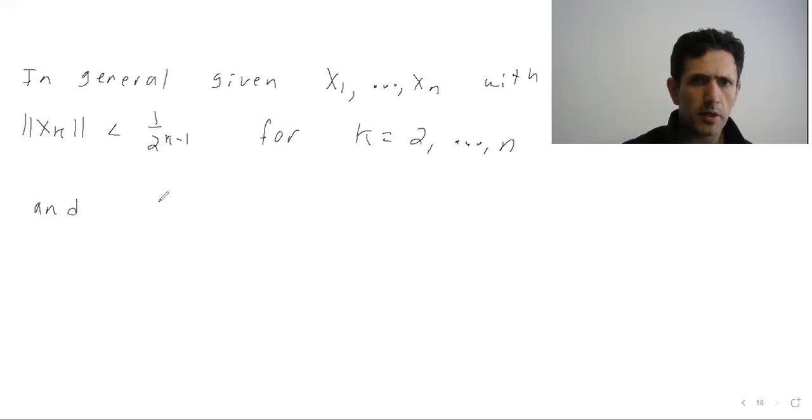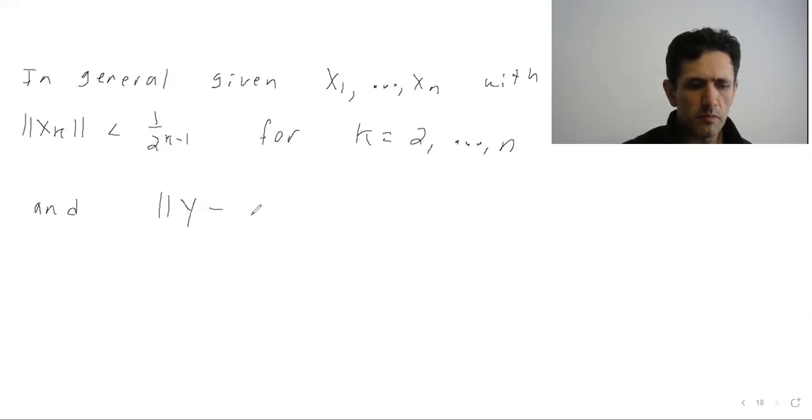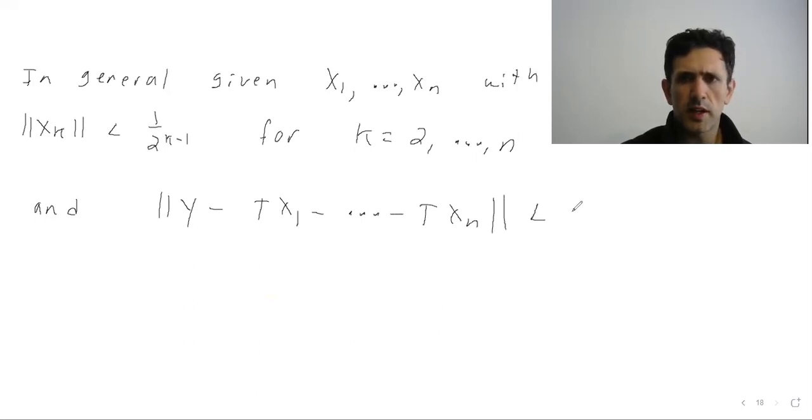And y minus tx1 minus dot dot dot minus txn is less than d over 2 to the n.